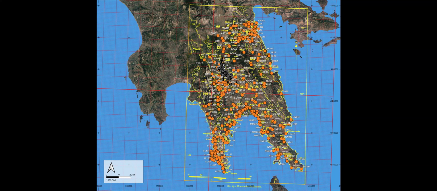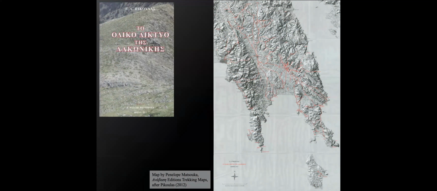But last, I would like to present one more data set I managed to digitize, which is that by Yannis Pikoulas on the road network of Laconia. Also this work, of course, needs no introduction. It offers an impressive amount of data, well organized in a useful catalog, where individual entries are enriched by a set of coordinates.